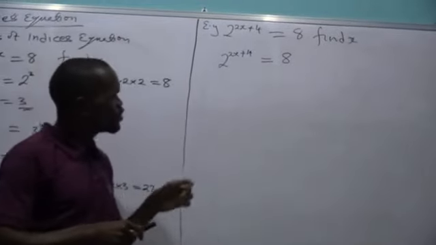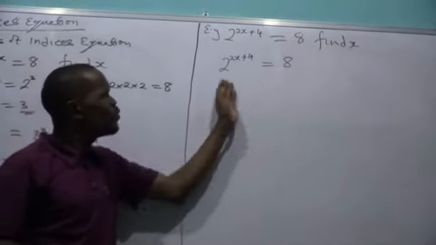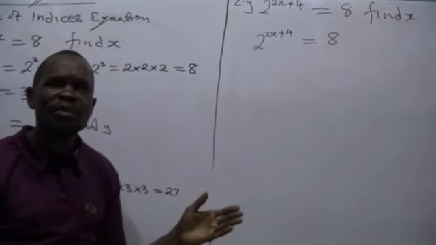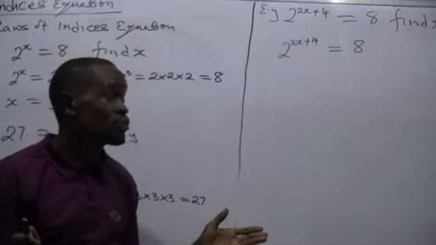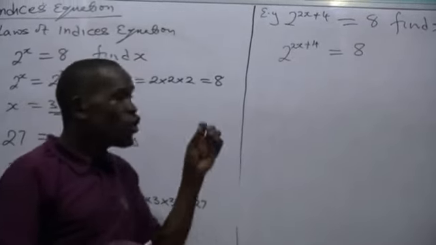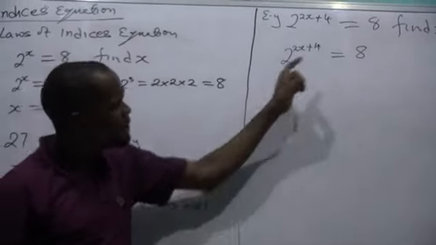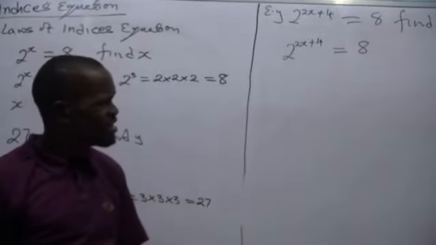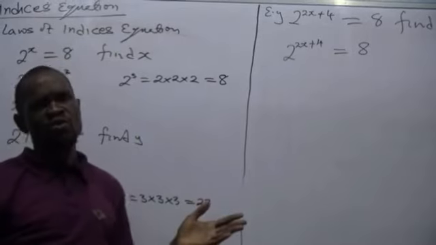Remember, this equation tells us that if we can make both sides of this equation have the same base, automatically their powers are equal. The indices equation law, the first law, said if we can make both sides of the equation have the same base, then automatically their powers are equal.